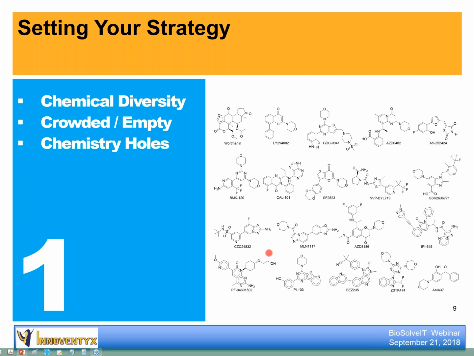And that starts giving us an idea also about what we consider chemistry holes, things that at this point are not present, that with your intuition and expertise, you must start thinking, oh, here's something that has not been published at this point in time.